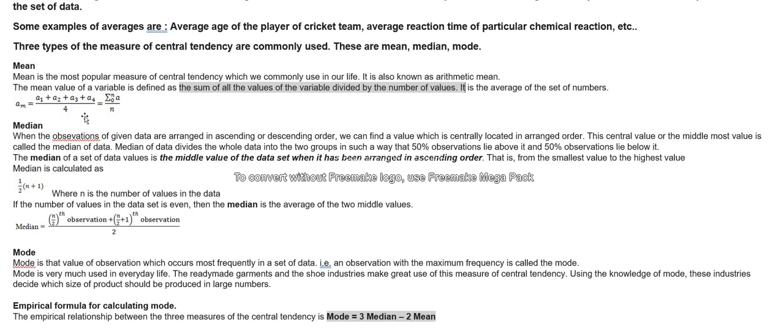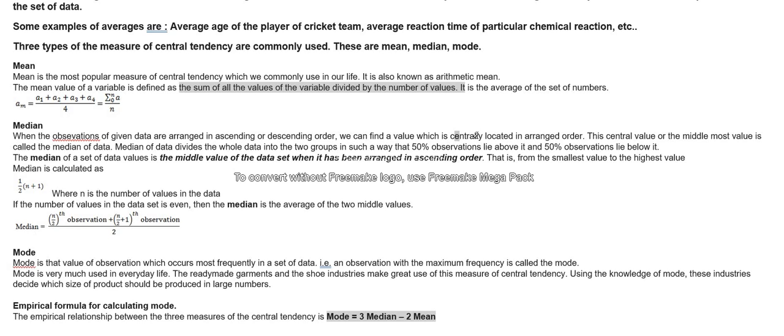The second measure of central tendency is the median. How can we find the median? When we arrange the observations in ascending or descending order, we find a particular value which is centrally located.